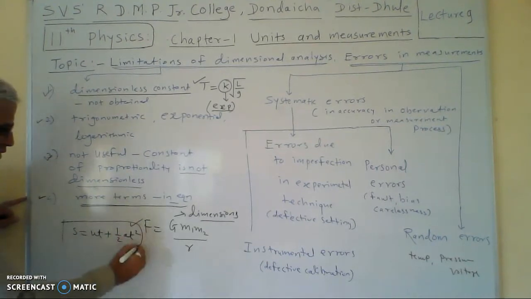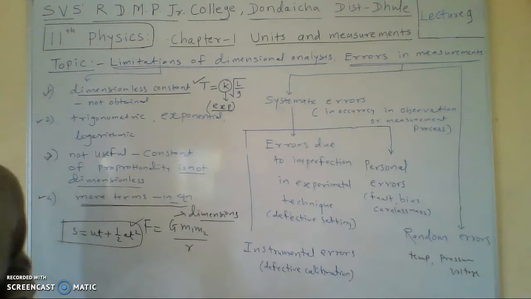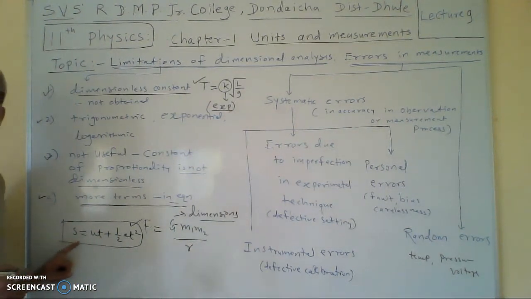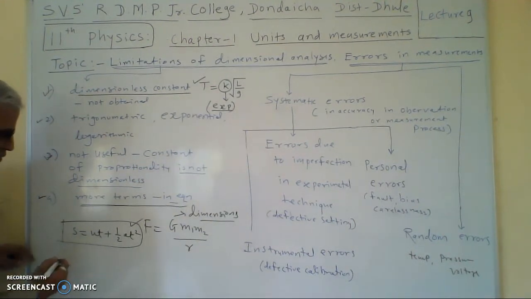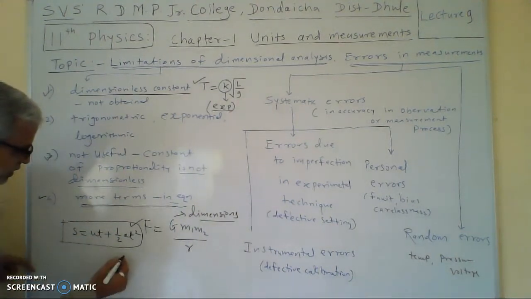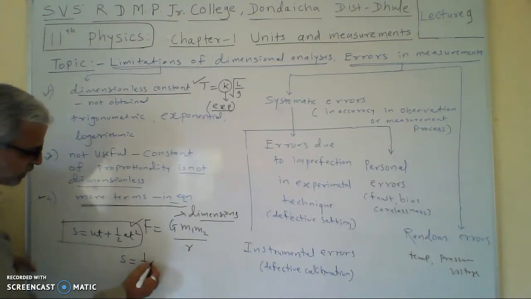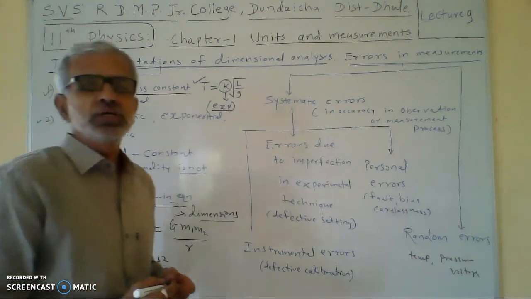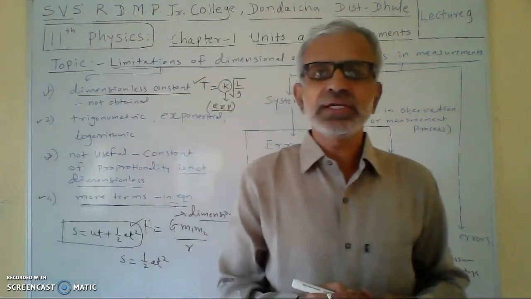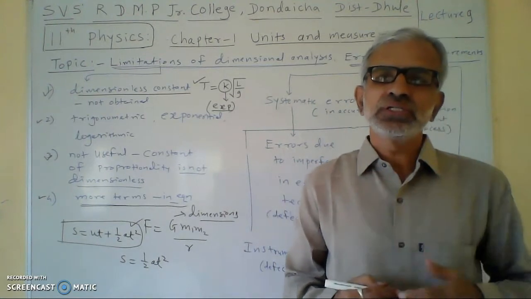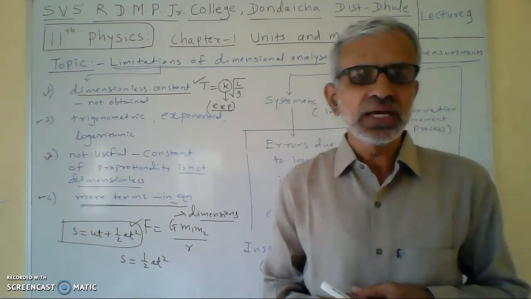This is the second equation of motion. You can verify this equation by dimensional analysis, but if you try to obtain this equation using dimensions, then you will get s equal to 1/2 at square. The additional term cannot be detected or found by using dimensional analysis.